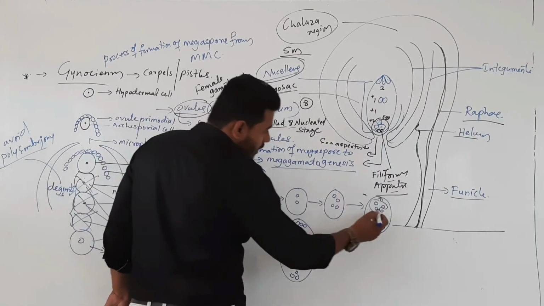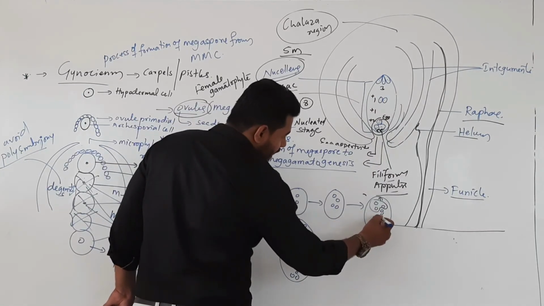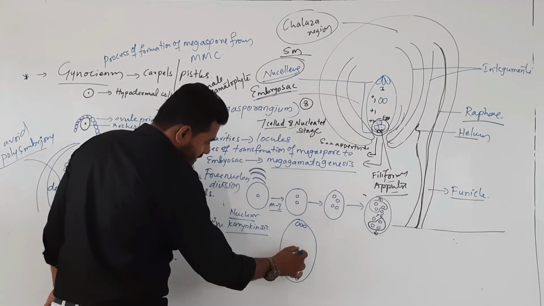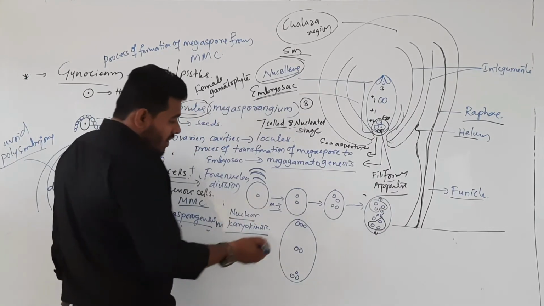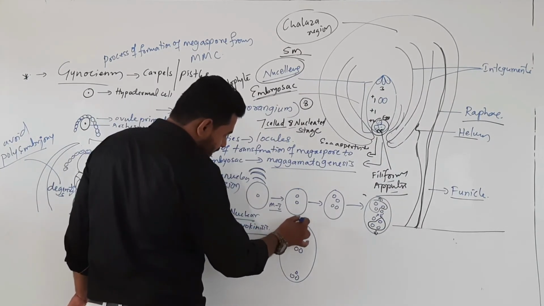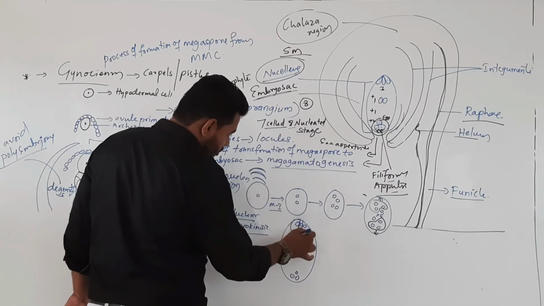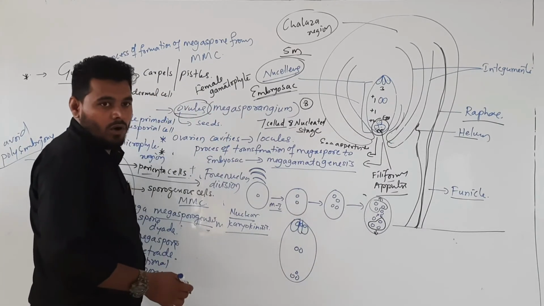The 2 remaining nuclei occupy the central region, and later there is a formation of cell wall.